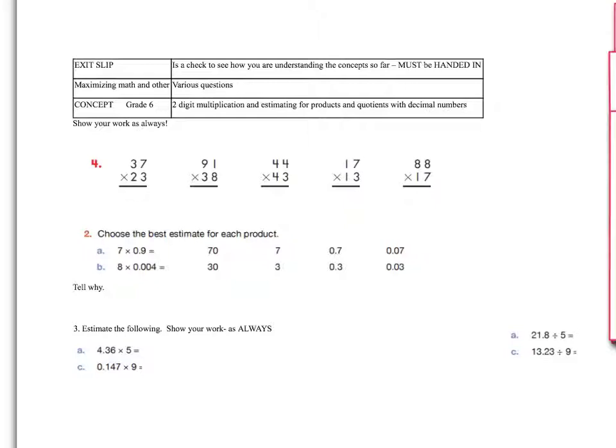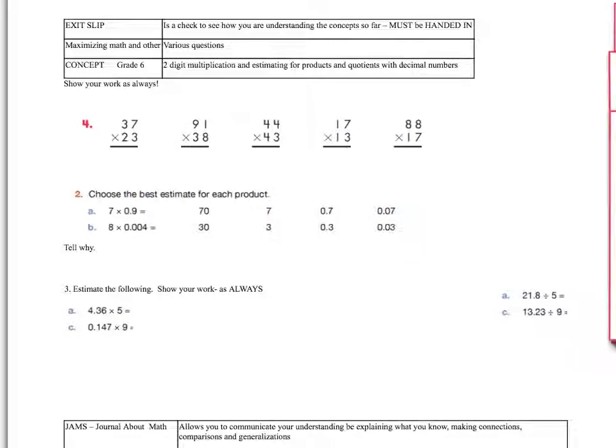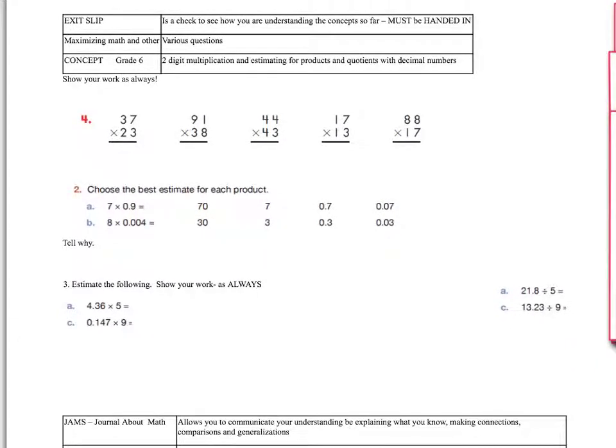This concept we are working on was 2-digit multiplication and estimating for products and quotients with decimal numbers. So 2-digit multiplication, estimating with products multiplying, and quotients dividing with decimal numbers. Show your work. You may use a multiplication table, you may not use a calculator. So if you've misplaced your exit slip, here's your exit slip for you. Go ahead and do that.